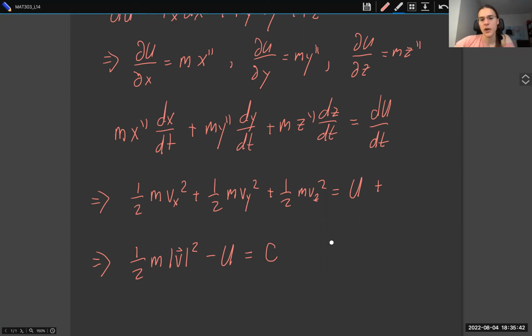And this is a constant. And that says that energy is a conserved function. So there's a quantity that we can associate with the motion, that's energy, when we've chosen a potential.